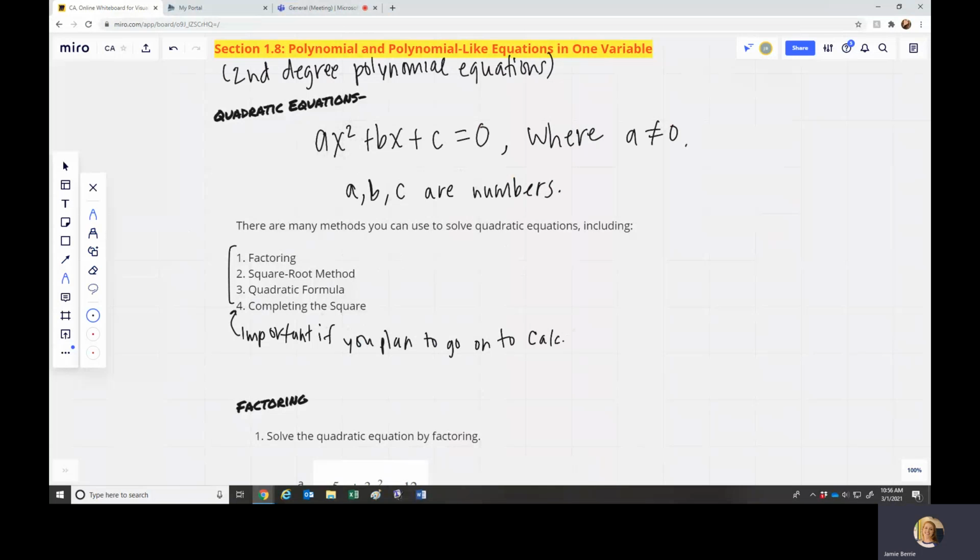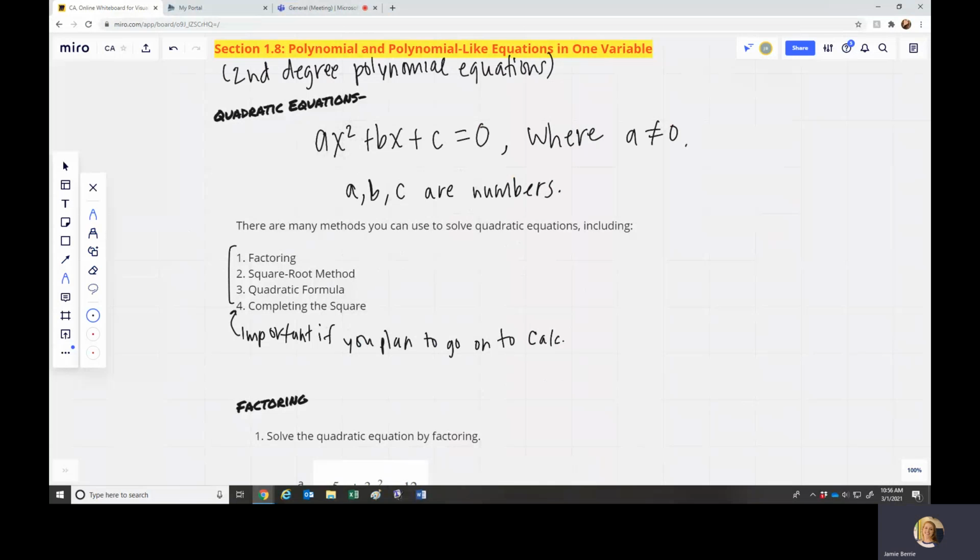So if you plan to go on and take calculus, then you will definitely want to pay attention to the completing the square method that we're going to cover today. If you don't plan to go on and take calculus, I would say that this is not the method of choice for you. You would probably be better off using one of the first 3. But like I said, if you do go on to calculus, you'll need to know how to complete the square.